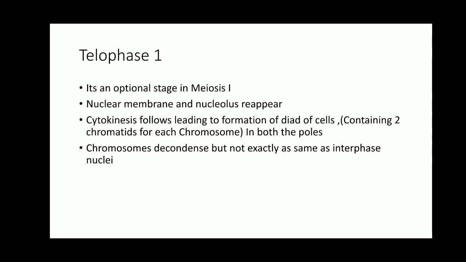Once again the chromosomes decondense back to form a network of chromatin-like structures, but in telophase I it is not that complete. They are not decondensed to that extent, but are still in the elongated form only, right?